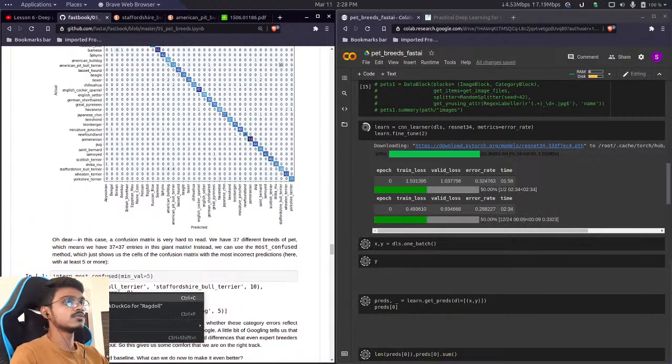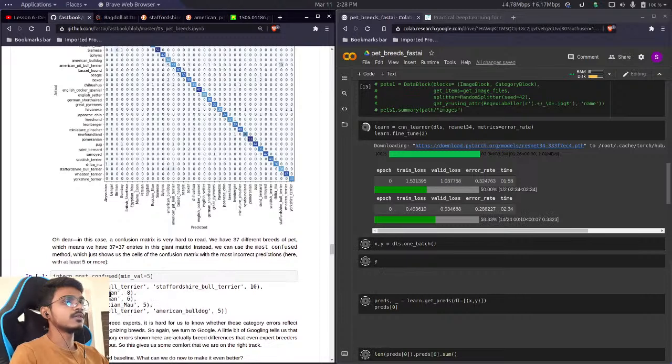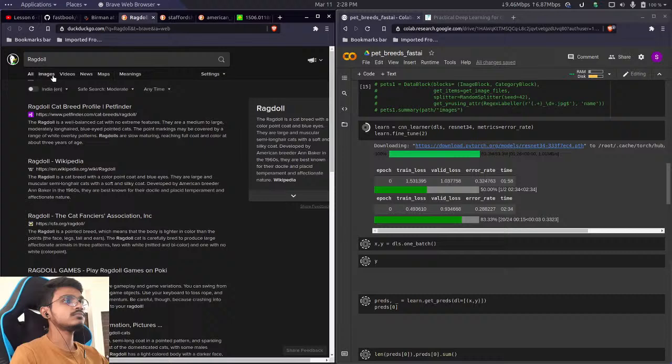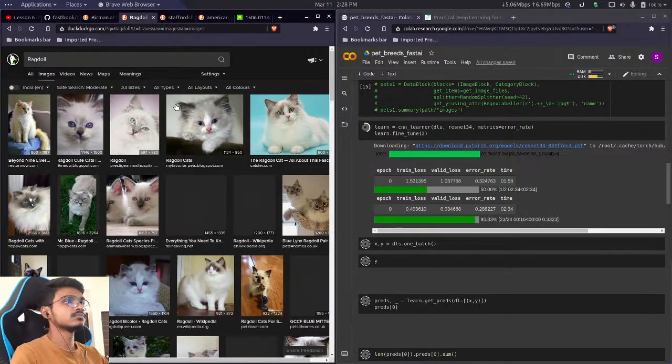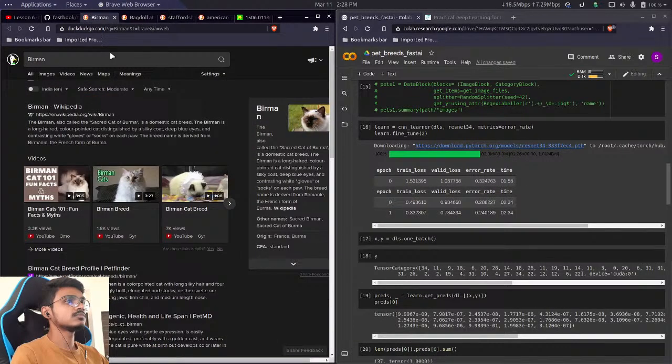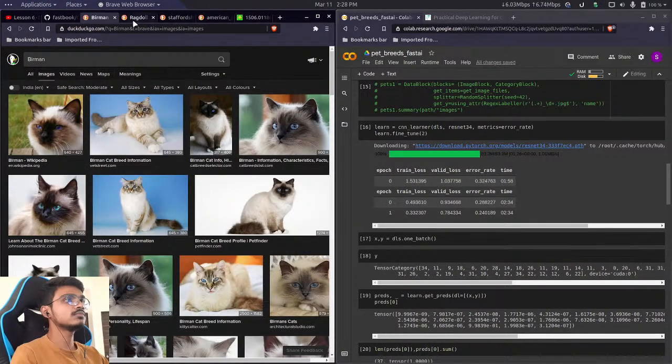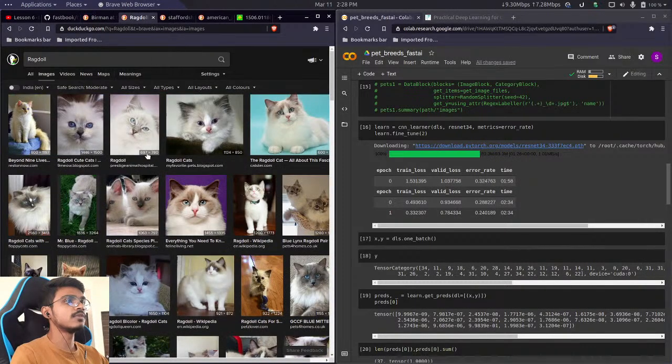Let's also Google Ragdoll and Birman. Okay, so the Ragdoll and Birman cats also look very similar.